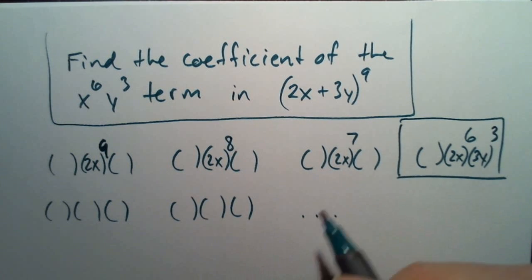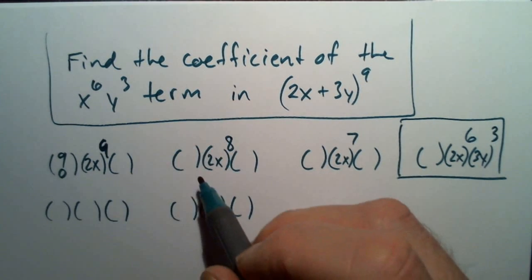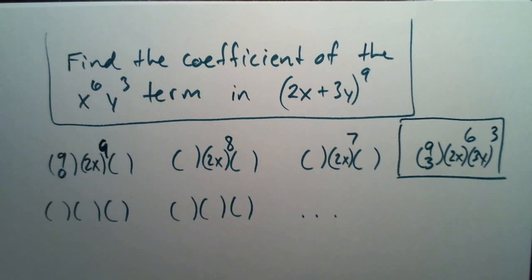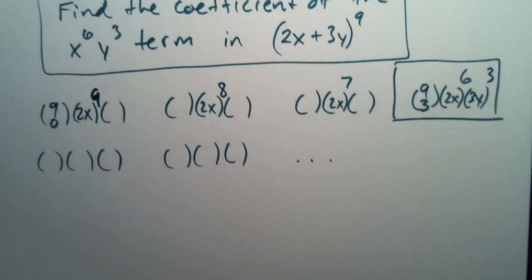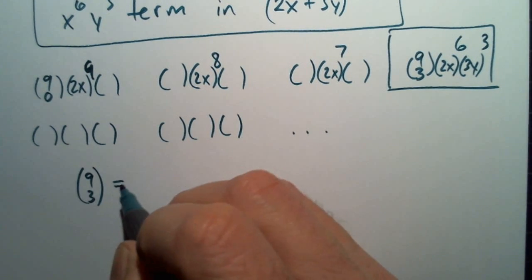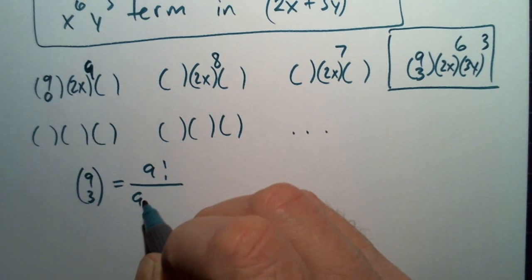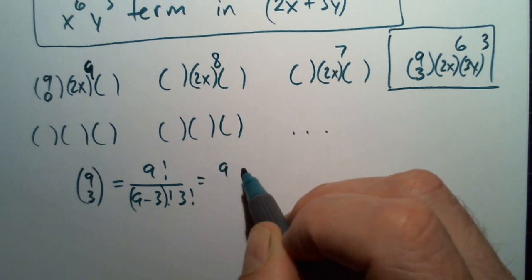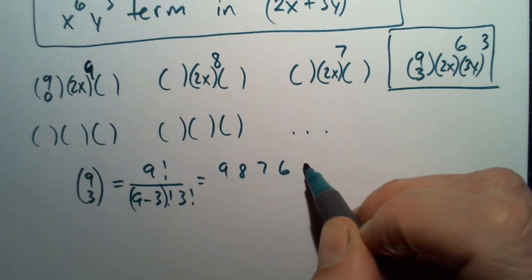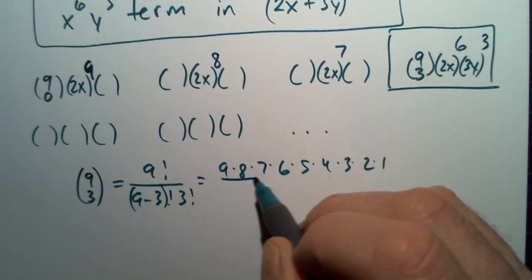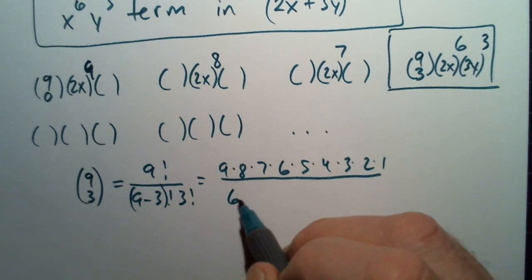And we can have 9 choose 0, 9 choose 1, 2, 9 choose 3. Then we just have to expand that. Six.